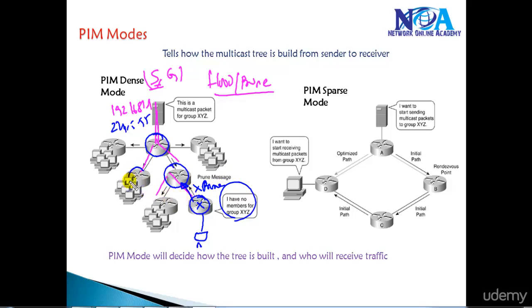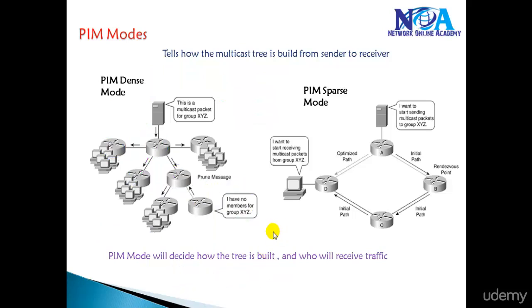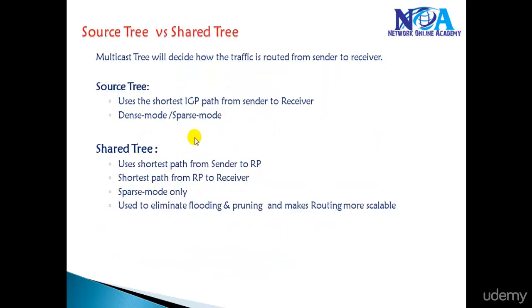But each and every router here maintains S, G entries on how to reach that particular server if they want to receive the multicast traffic for this group. It uses something called the shortest path to reach that server, and this forwarding path which is built, we call it a source tree.